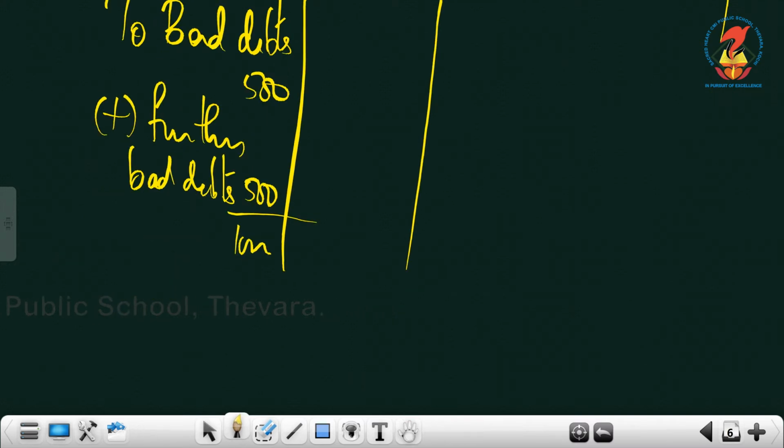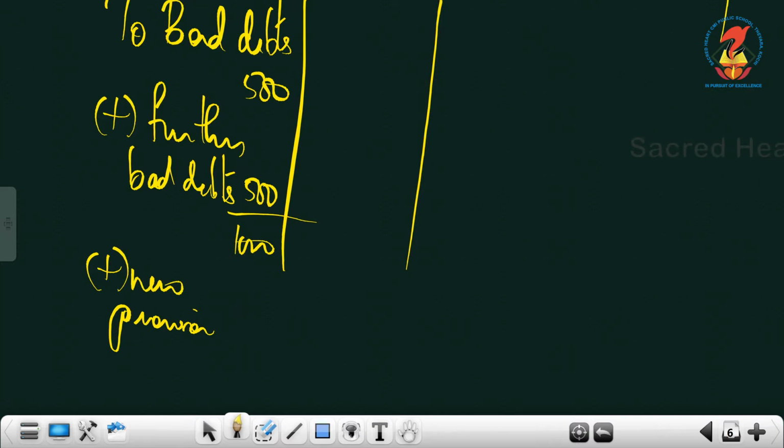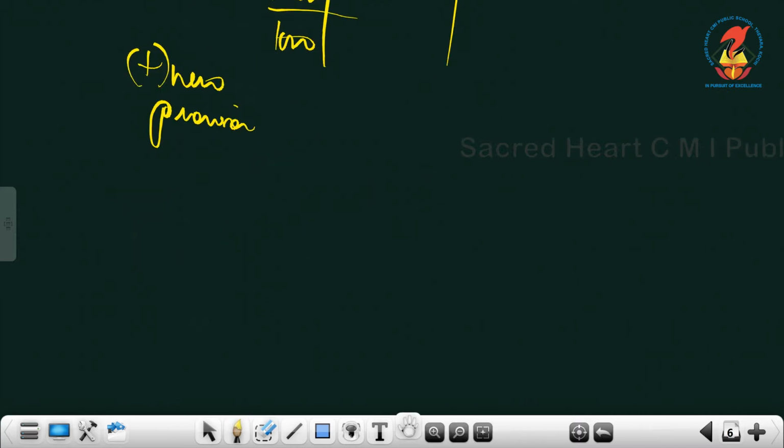So it's 1000 now. Then add new provision. It's not compulsory that after 2 figures you have to write the total. If you want, you add new provision also, then you write the total. New provision, the amount is not given, but it's written like 5% on debtors. So you must compute the new provision.